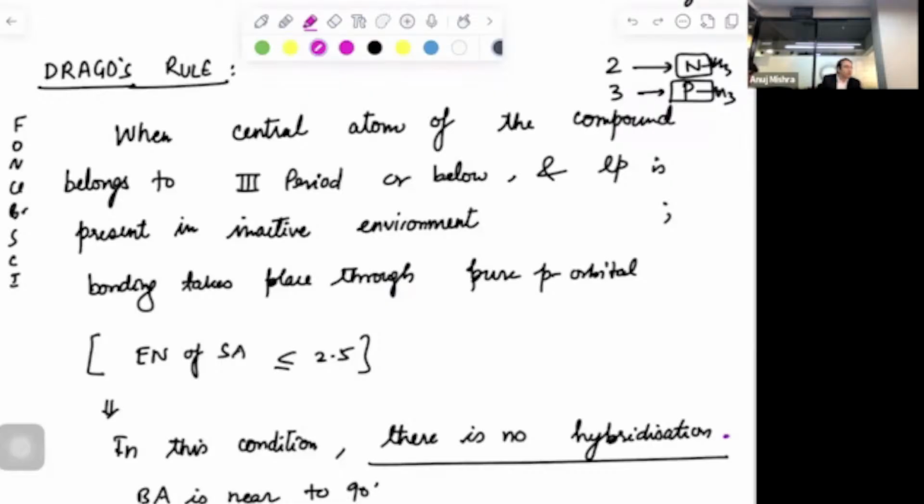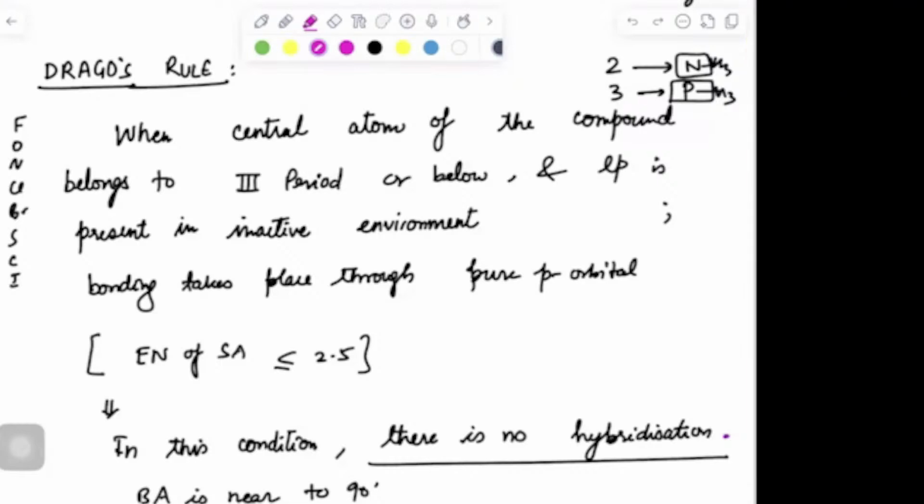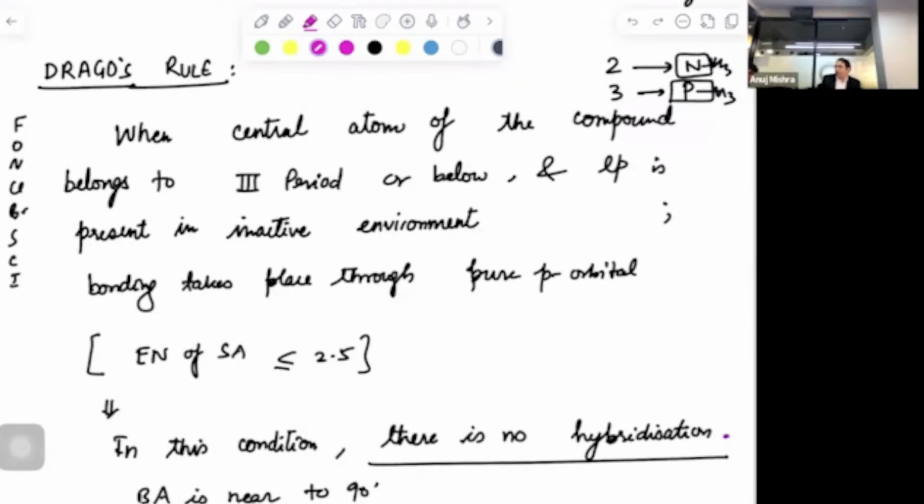Students guess around 100, almost the same. It is a member of the same family, just below it, so logic says it should be almost 107, 106, 105, 104 or so. You'll be surprised to know that it is 94 degrees.